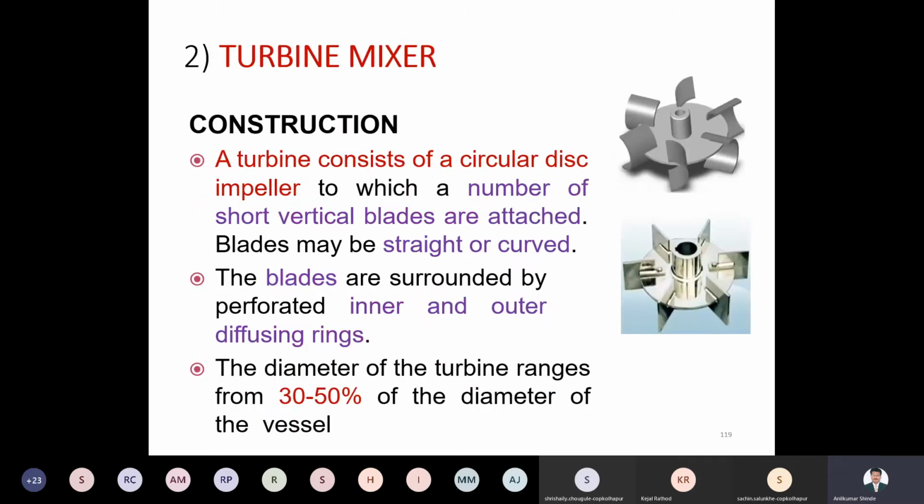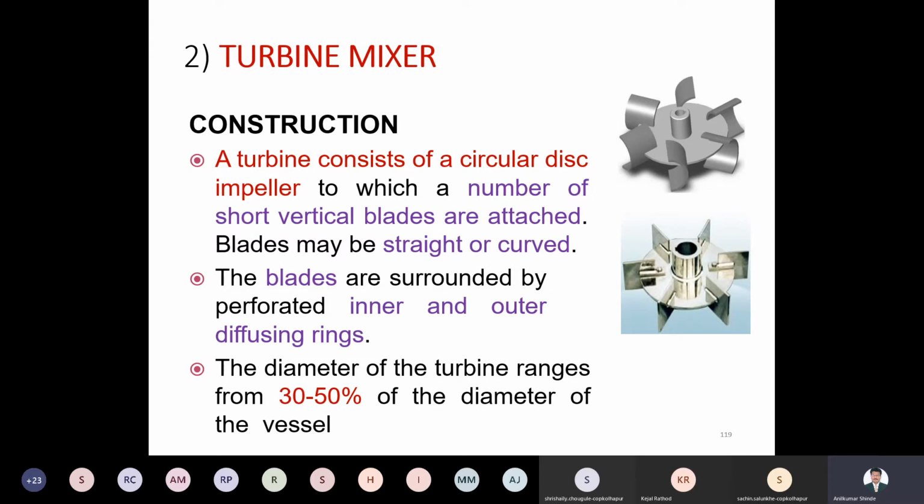All right. Next is the turbine mixer. Turbine mixer. You know there are different machines where we can use a turbine type of mixer. It's particularly for machines used for water, like a water pump. You know the water pump. So the water pump has this type of turbine mixer paddle attached.